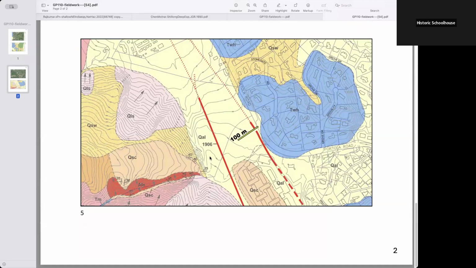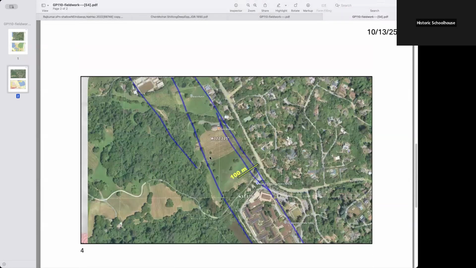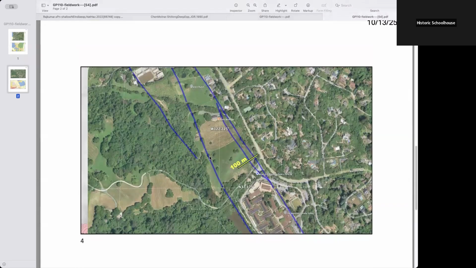Again, this is the town map across which I have put a single 100-meter fiducial marker. And here is the USGS database on Google Earth of the same area. I have crudely reconciled these two maps by overlaying the roads and trying to match the scale.